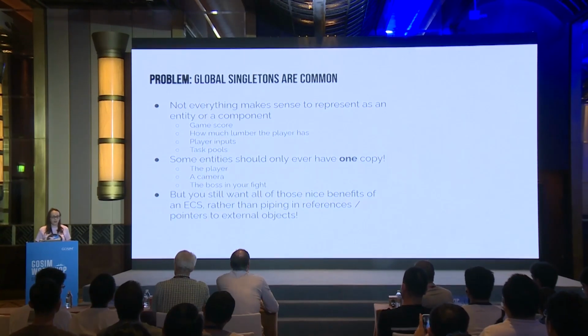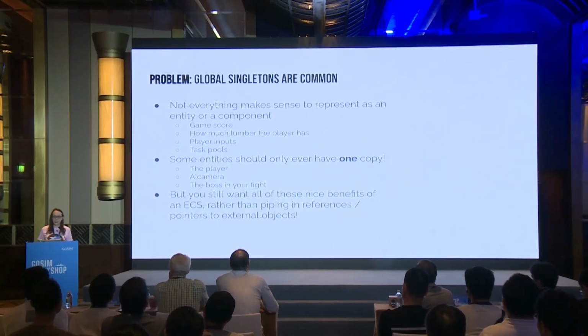There's only ever going to be one of them. Do I store my game score as an entity? Do I store how much lumber I have? Do I store abstract things like task pools or audio handles in an entity somewhere?